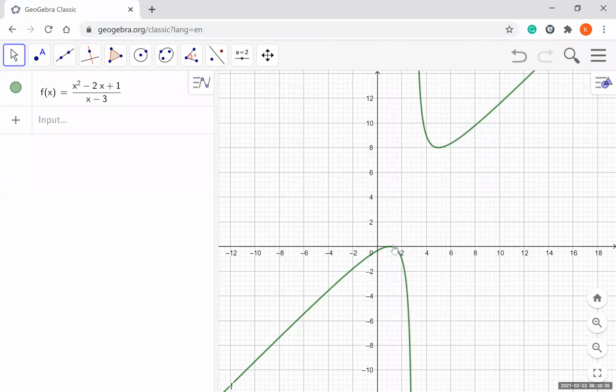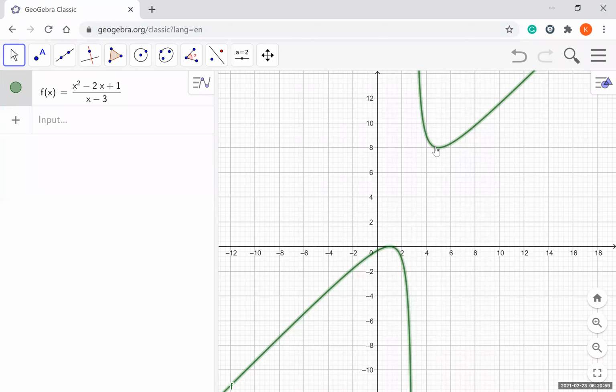clearly this point (-1, 0) right there is your maximum, because by definition the graph is increasing on the left hand side and decreasing on the right hand side. So at x equals -1, the y value is 0, which is the maximum. It is the top of the mountain.